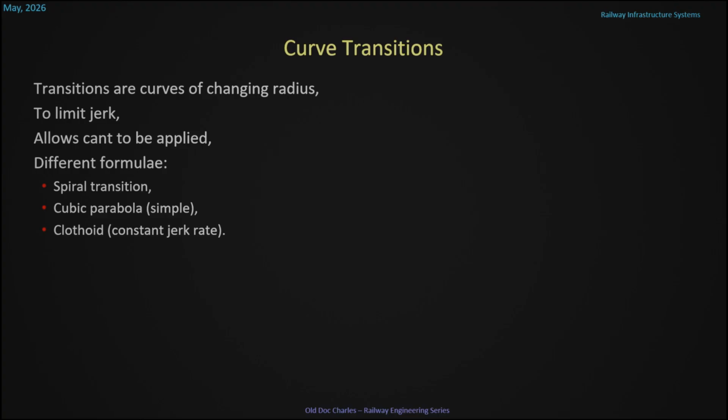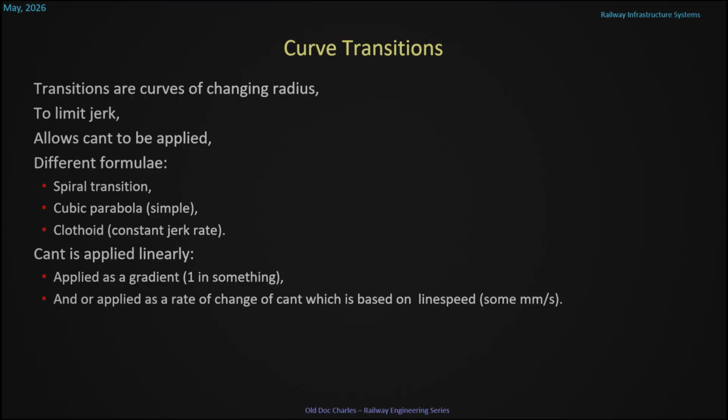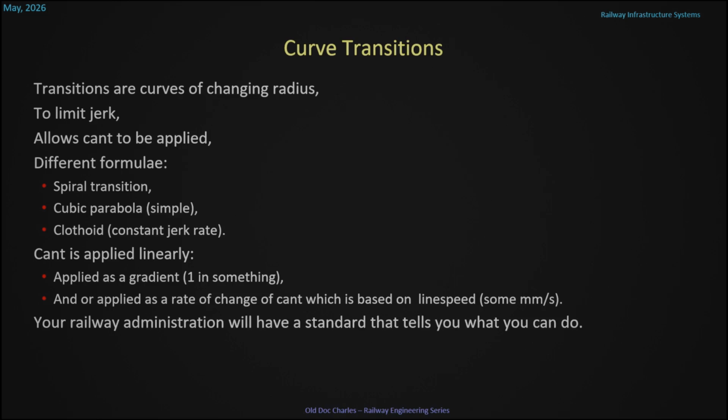Or they can be what they call a clothoid, which gives a constant jerk. The cant is applied linearly. It's applied as a gradient, usually 1 in something, or applied as a rate of change of cant, which is based on the line speed, so it's so many millimeters per second. Your railway administration will have a standard that tells you what you can do and what you cannot do.